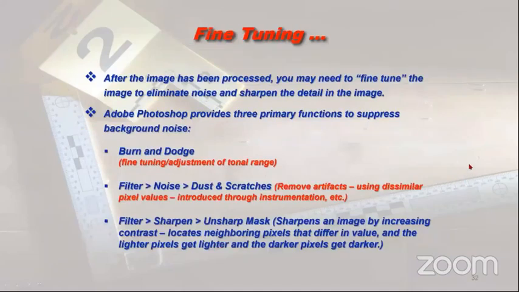We also have other tools to help fine tune our process after we've made these other corrections. We have burn and dodge, we have dust and scratches, and we have unsharp mask, which is under filter, sharpen, unsharp mask.